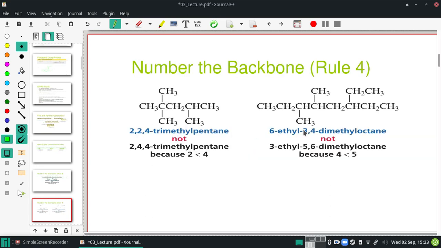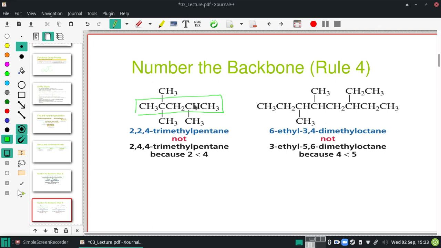All right, another one that actually creates a little bit of confusion. Let's look at this backbone here. We have a tie. I have 1, 2, or I have 1, 2.